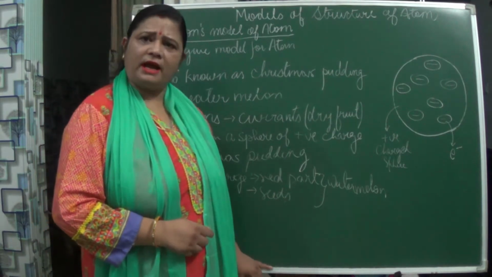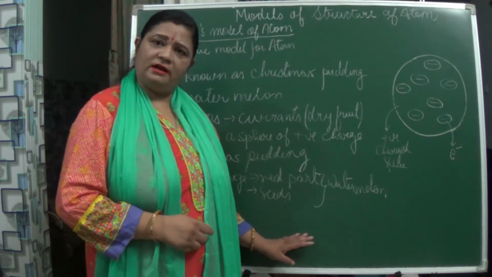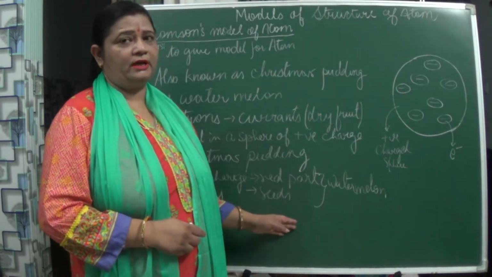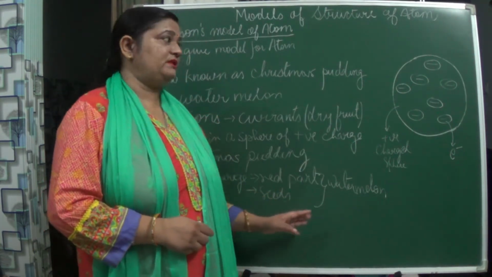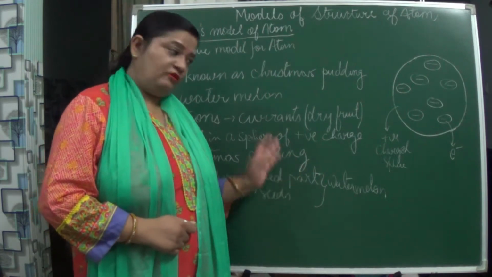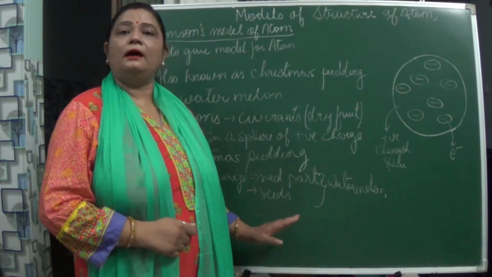The proton, electron and the neutrons. Electrons and protons were discovered earlier only. First protons were discovered and then electrons. Don't get confused in that, because later on it was said experimentally by the scientists, but before only we were knowing about the protons and then the electrons.